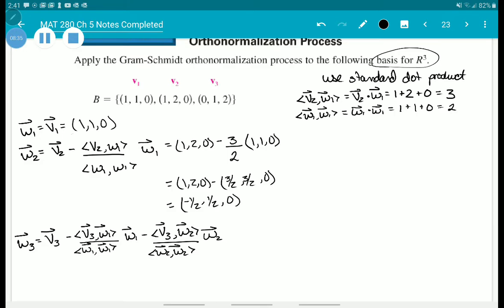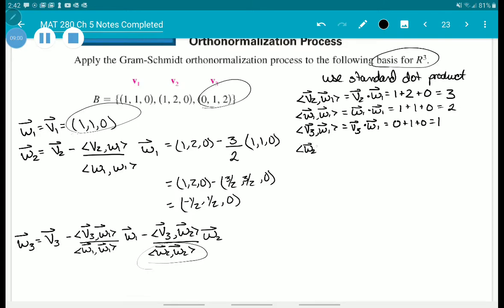So we need to find a few things. We need to find V3 and W1. So we're going to have 0 plus 1 plus 0, which is 1. We need to find W2 dotted with itself.